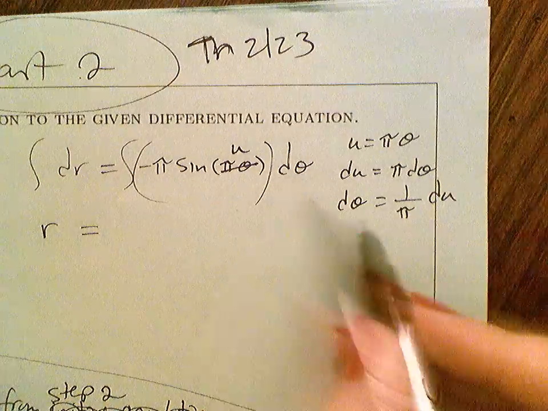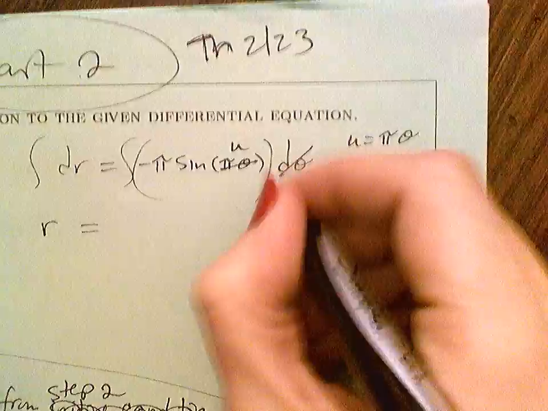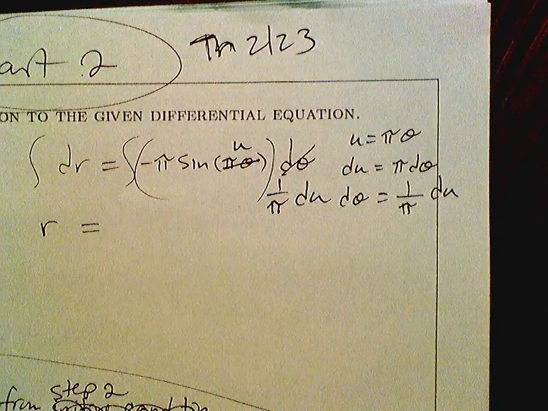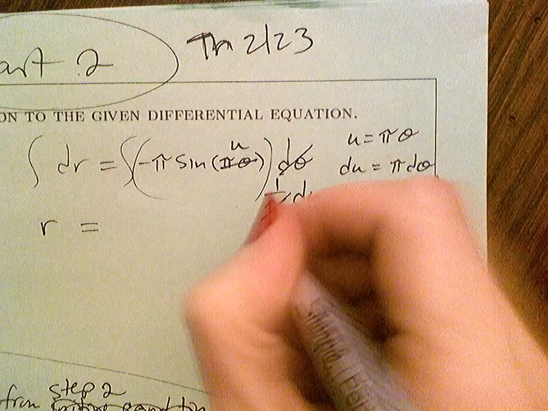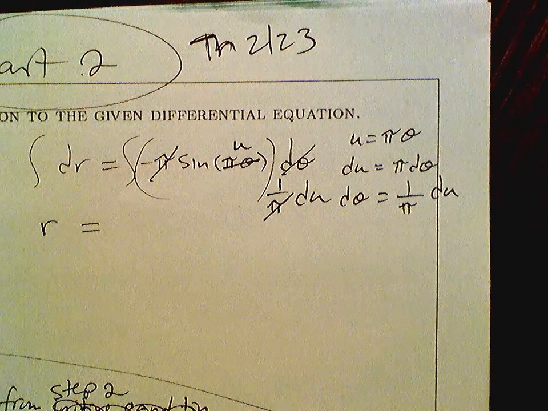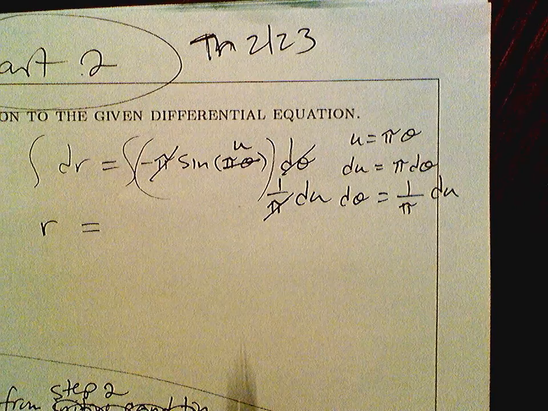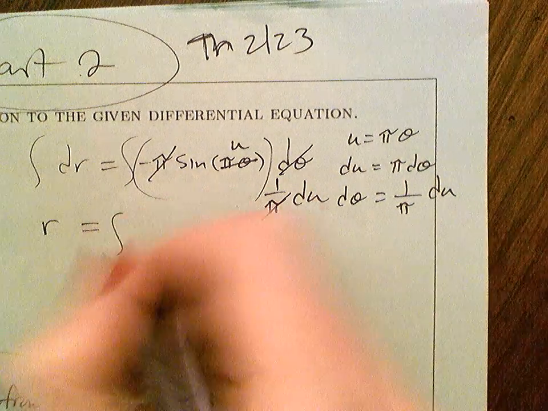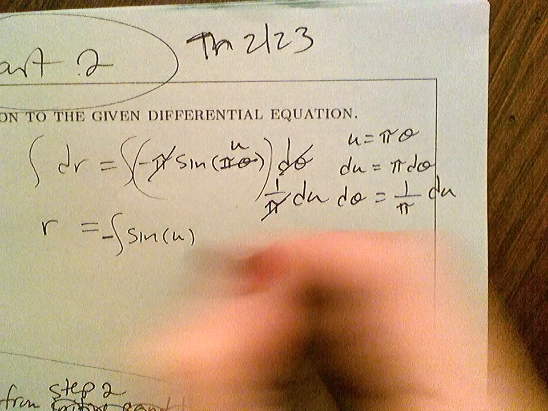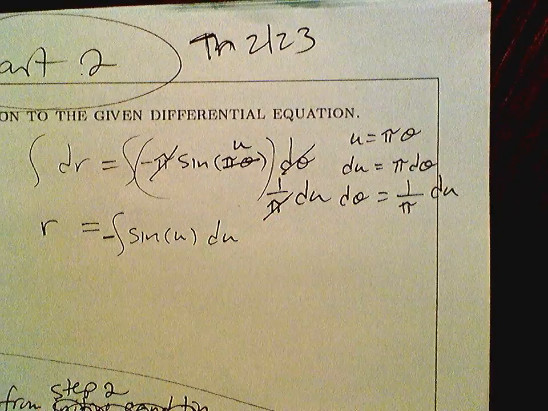What goes in for d theta is 1 over pi du. Just like that. I see right away that those cancel. And so this becomes, I'll bring the negative out front, but you don't have to, sine of u du.